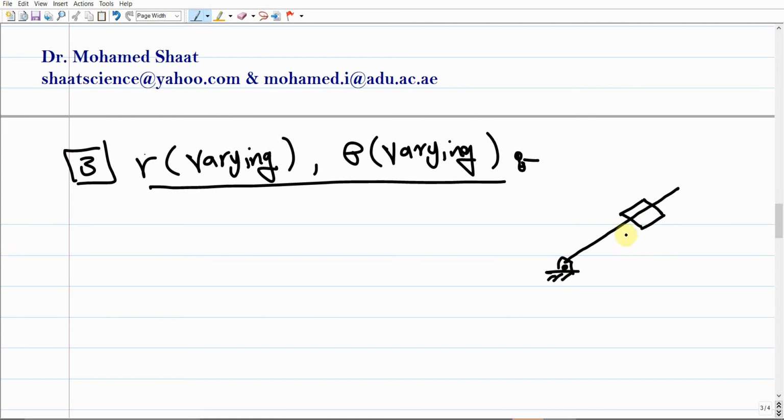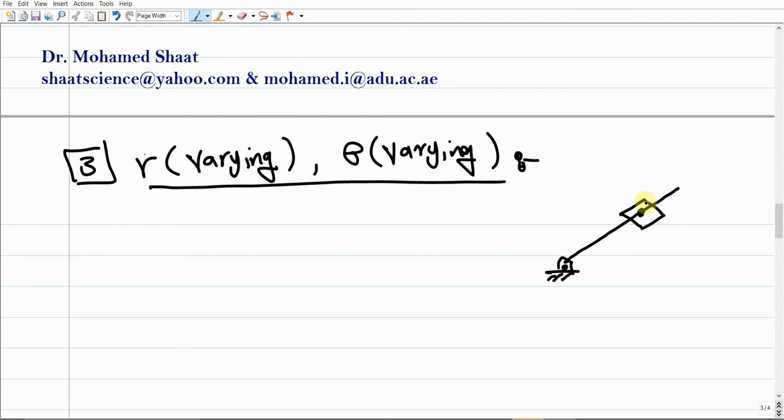The slider slides over the link. So the link itself rotates, meaning its angle is changing, and the slider itself slides, so r is changing as well. So both r and theta are variable. It's going to be clear as we move through more examples and demonstration.